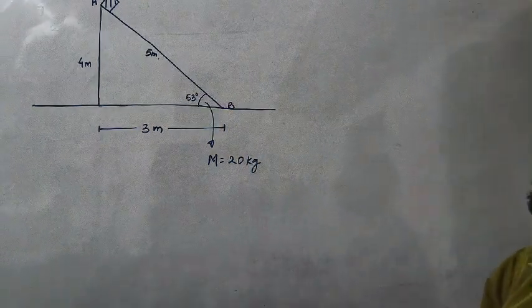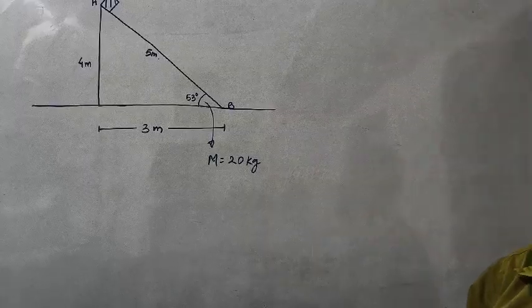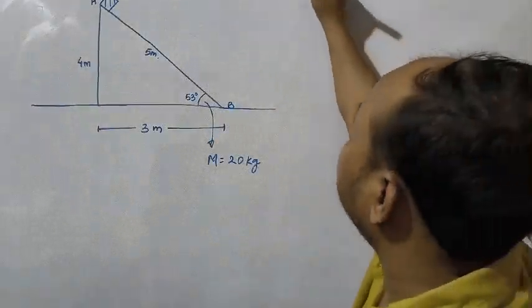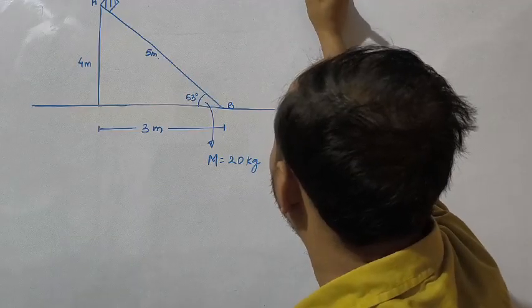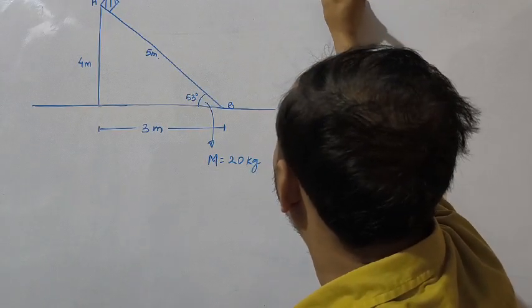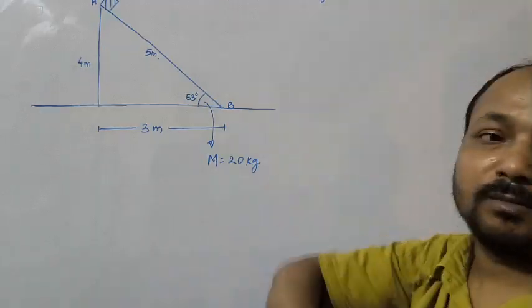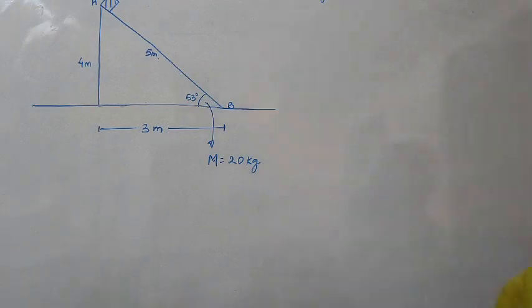So the external force is there, yes, mg is there. In which direction? Vertical direction. So what we can write: net force in y direction is not equal to 0. Yes. When we draw the FBD we can see also.